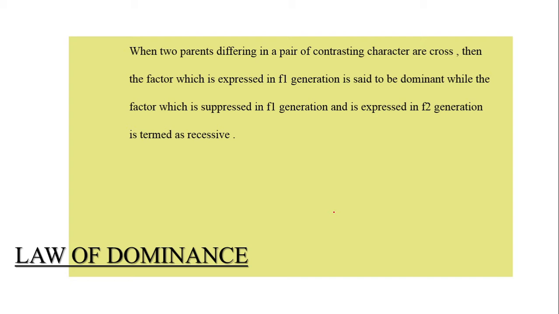Actually, we can use both monohybrid as well as dihybrid cross to show law of dominance. So, here if we take homozygous tall plant, that is capital T capital T, crossed with homozygous dwarf plant, that is small t small t, in F1 generation, all the plants will appear tall.